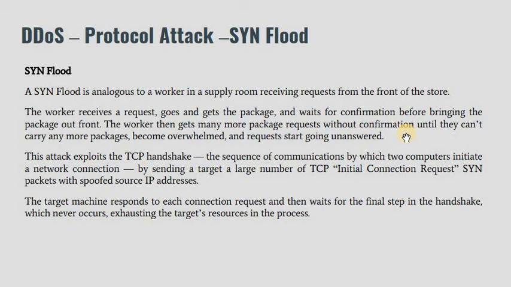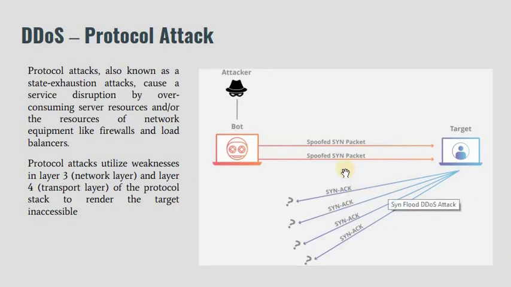Here you can see the SYN packet is given and the SYN-ACK packet is written back, so there needs to be a 3rd packet from the machine back to the target. If it does not happen, the target keeps waiting for the 3rd packet, which never really comes.